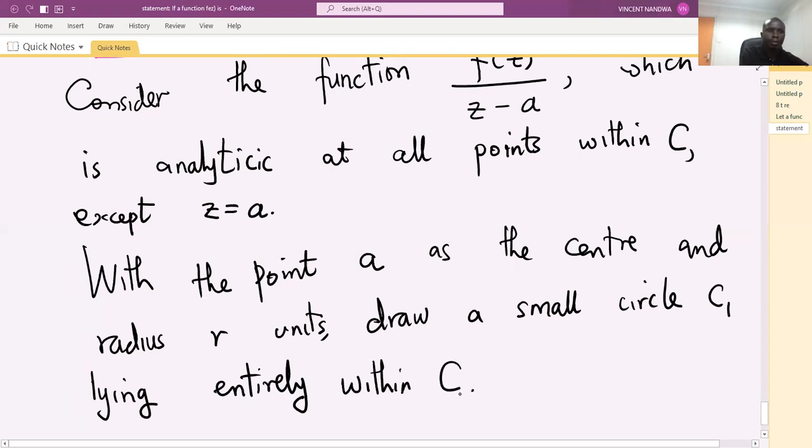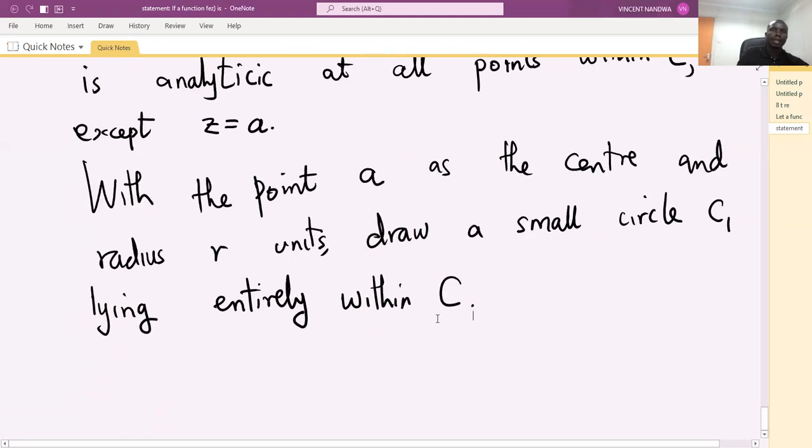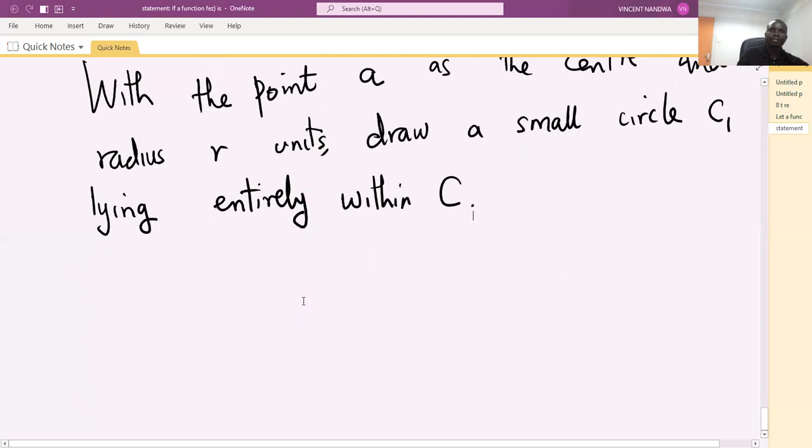So C is our big, or the largest, curve. So this is what I mean.